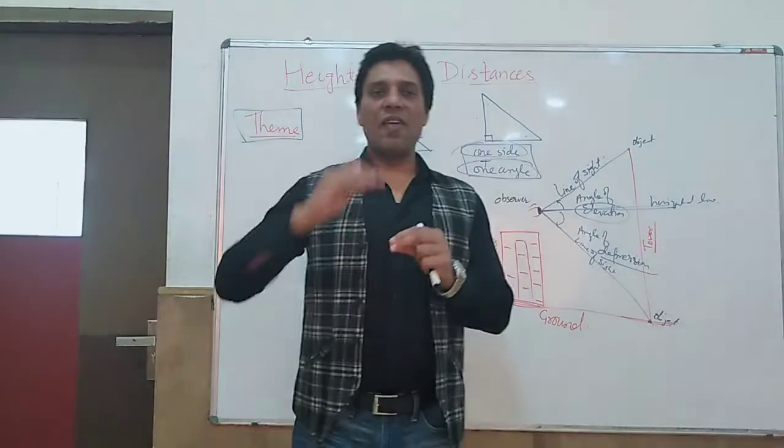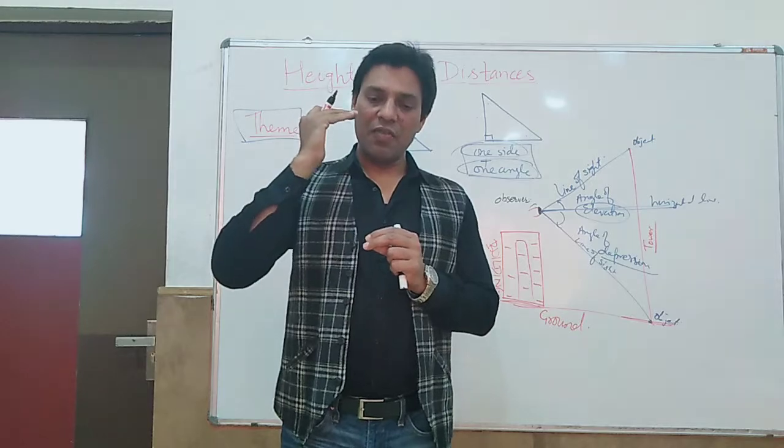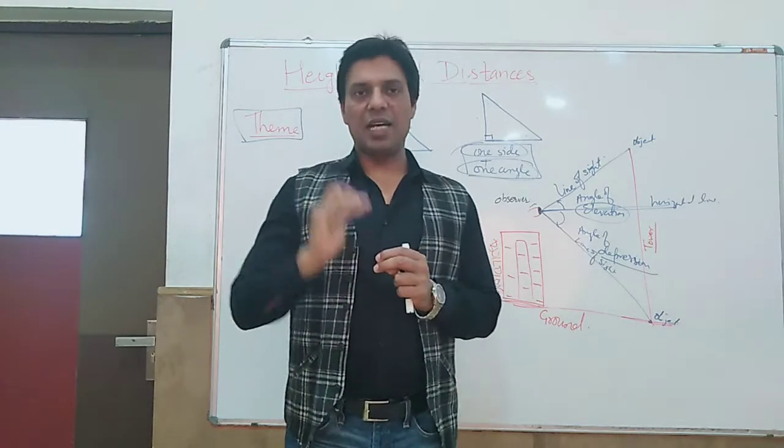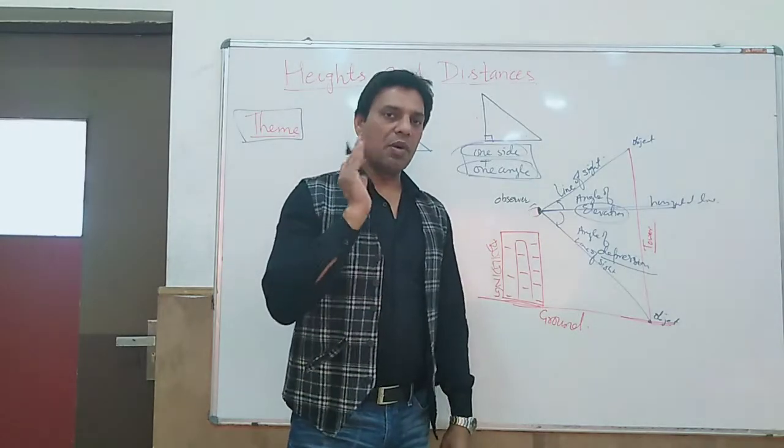So elevation is whenever we are looking at something higher than us, and depression is whenever we are looking at something lower than us. So these two angles we have to remember, number one.